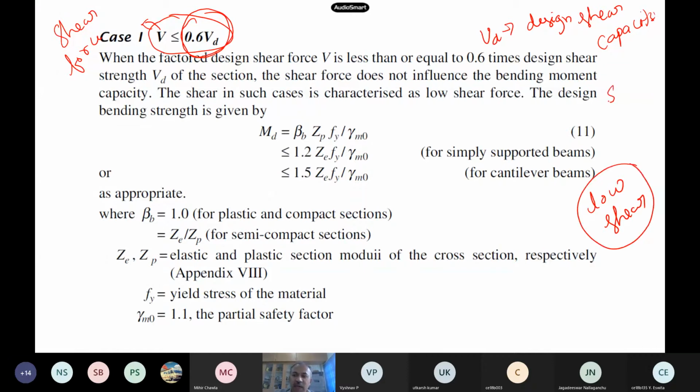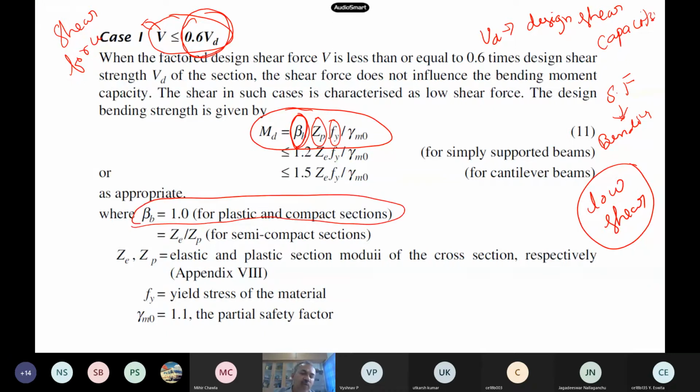So your shear force doesn't influence the bending capacity; there is no influence of the shear force on the bending capacity of the beam. So this expression we use for finding the bending capacity. Zp is the plastic section modulus, Fy comes from your simple bending formula, and beta p is a factor. You take it as 1 for plastic and compact sections, and for semi-compact you have to use Ze by Zp, that is your shape factor.